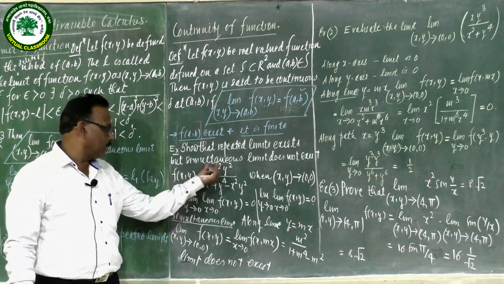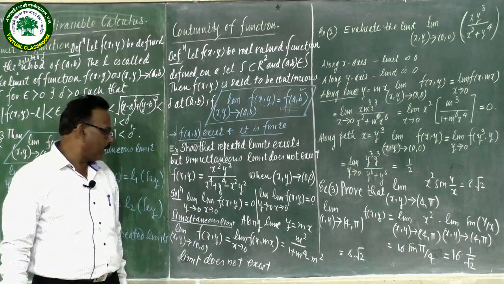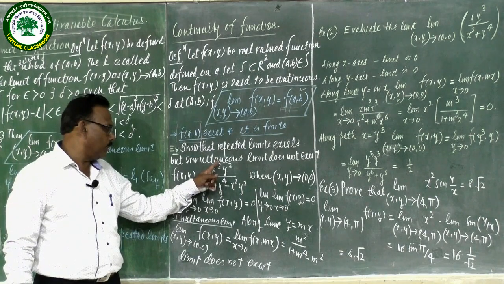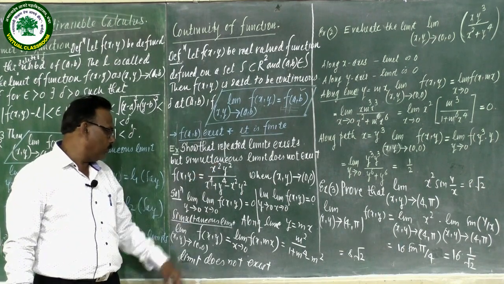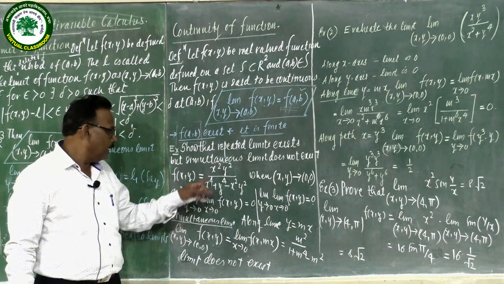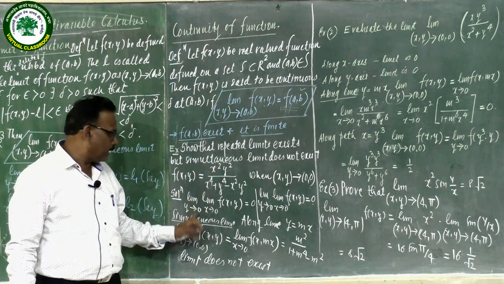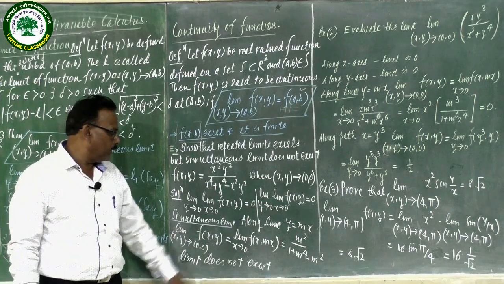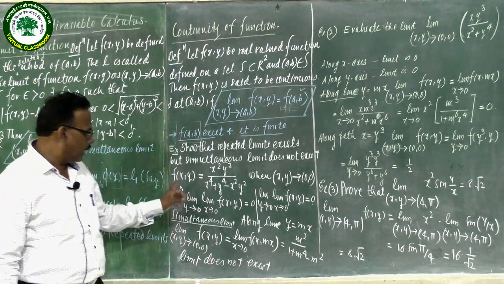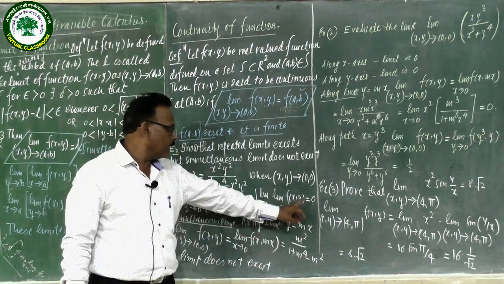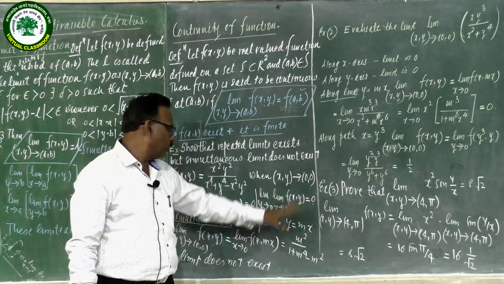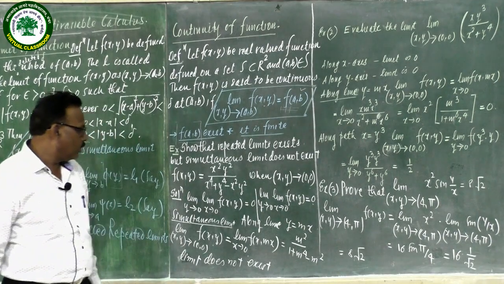Therefore, as x tends to 0, the numerator becomes 0, and likewise for the limit as y tends to 0. In both cases the numerator becomes 0 and the value of the limit is equal to 0. Similarly, the repeated limit in this case is also 0.